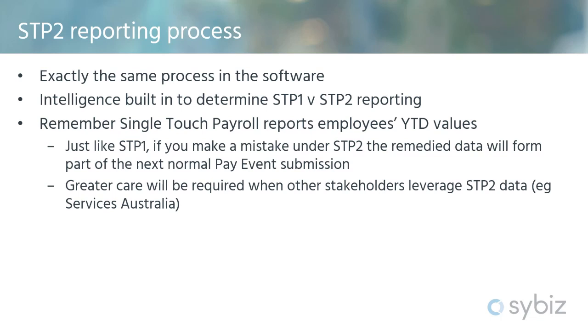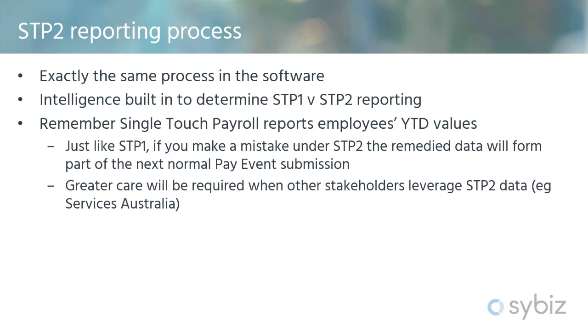On the reporting process, I made this point earlier that it's the exact same process. It will automatically turn on to STP2 reporting for pay events that are reported from the 1st of November 2022. So you don't need to do anything else. It's exactly the same process. We've done a lot of work to make that transition as simple as possible. There's intelligence behind the scenes. Some people might ask, what if I need to do a prior year submission for last year when I was only doing STP1 reporting and now I'm doing STP2?